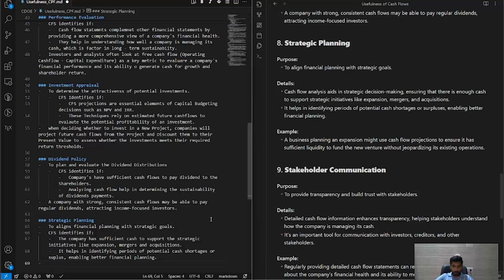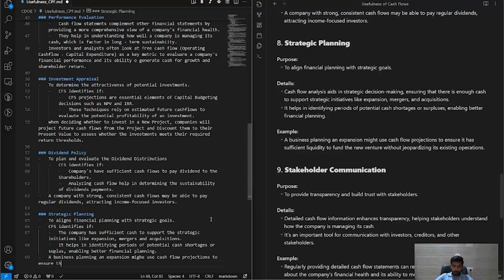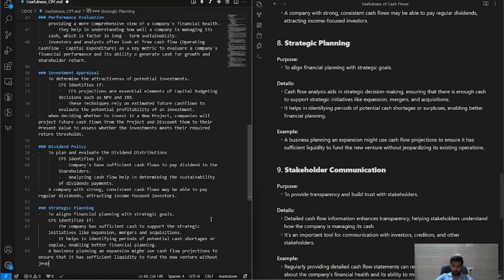For example, a business planning an expansion might use cash flow projections to ensure that it has sufficient liquidity to fund the new venture without jeopardizing its existing business.